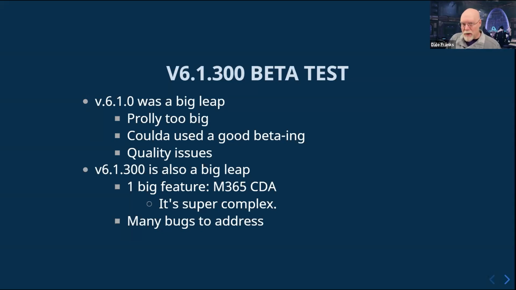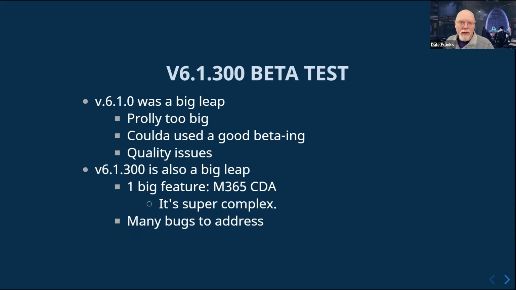The other issue, though, that we really needed to address were, there's no way to say it other than to be honest about it, the excessive number of bugs that were associated with version 6.1.0. So there are many bugs to address in 6.1.300.